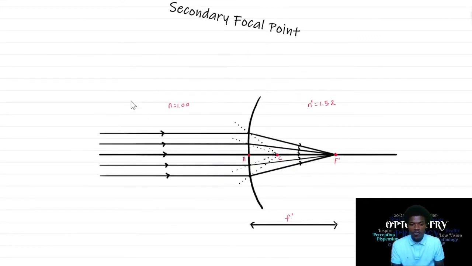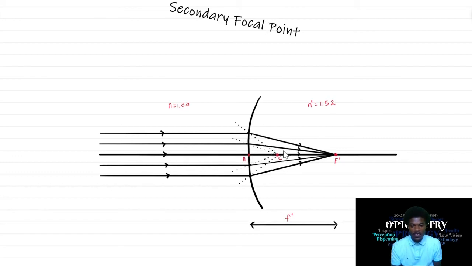So for the secondary focal point, we have some light rays coming in from left to right. We also have here what we call a positive, or a converging surface, because it converges the light rays. We have the apex, which is the center of that converging surface, and it is also the point at which the principal axis, or the optical axis, runs.